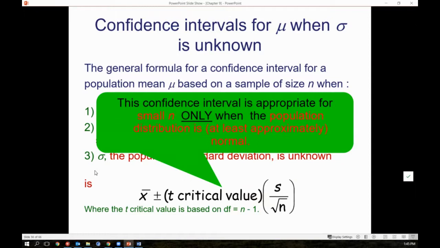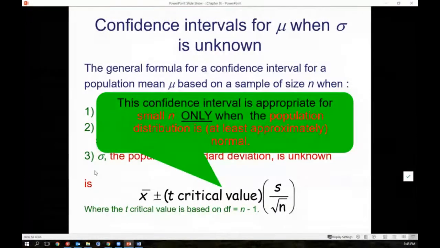And this confidence interval is appropriate for small n only if they tell us the population distribution is at least approximately normal. So if we have a small n, then we have to be told, or we have to figure out that we can say it's approximately normal.